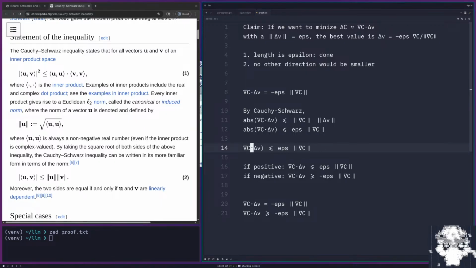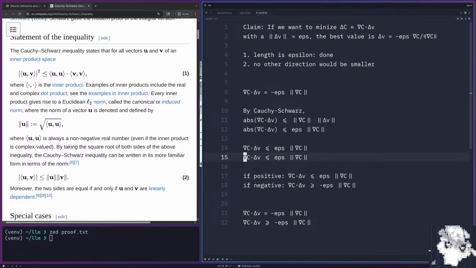It means that this and this are both true, right? And then how do you multiply by -1 on both sides of an inequality?